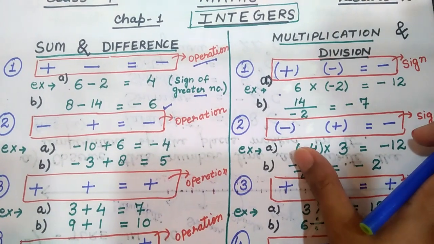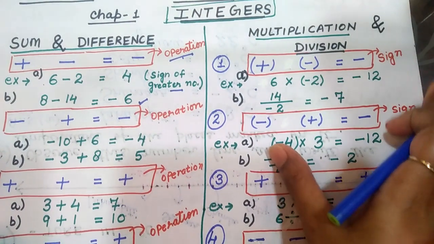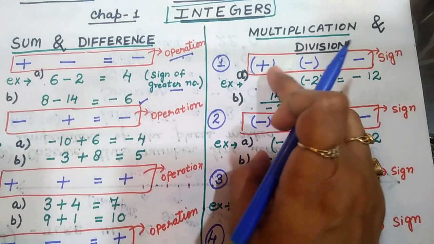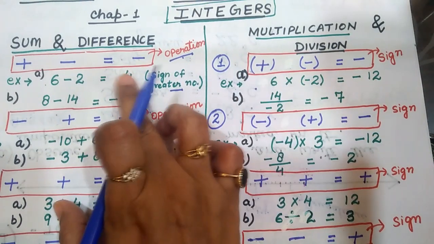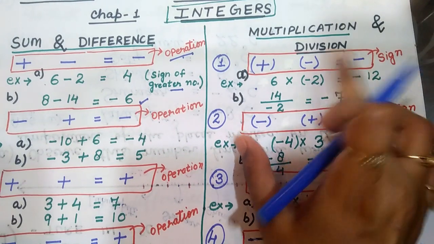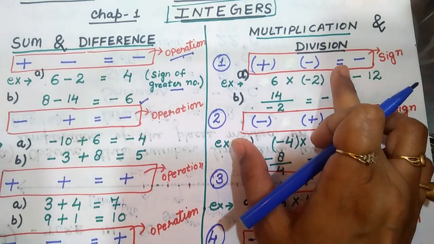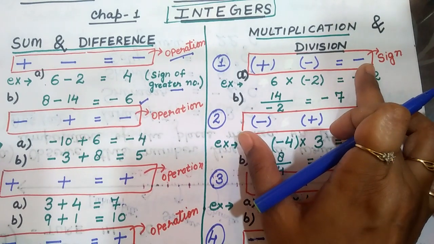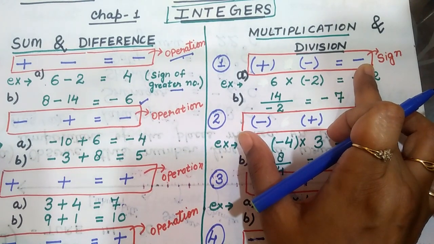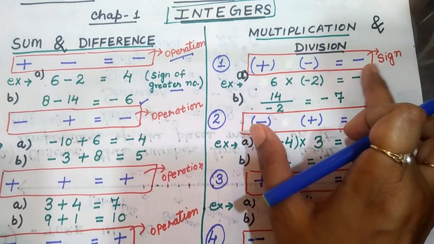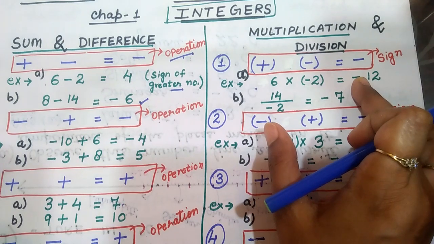But in case of multiplication and division of integers, the rule is still the same. Plus minus is minus. But now this minus does not mean that you will do subtraction. This minus means you will put a minus sign in the answer.